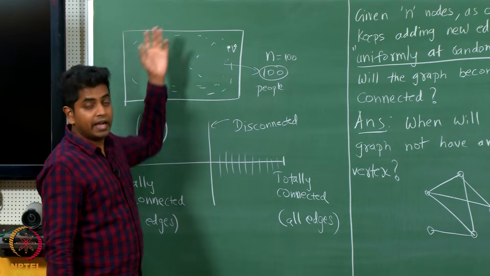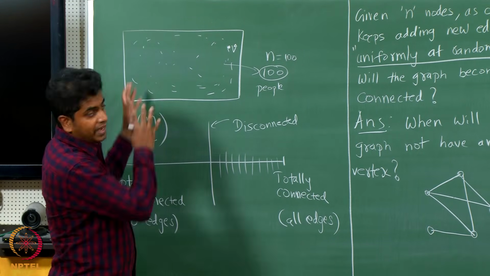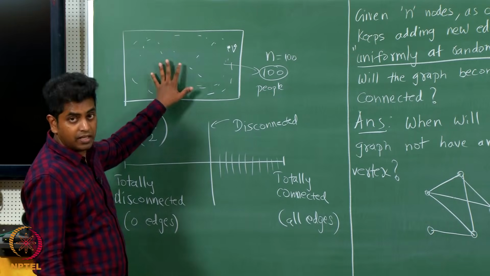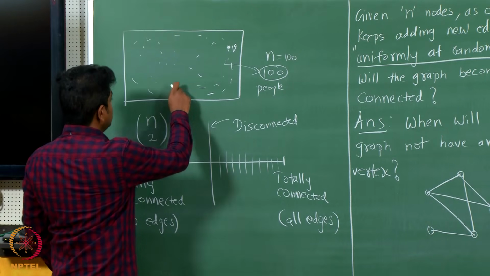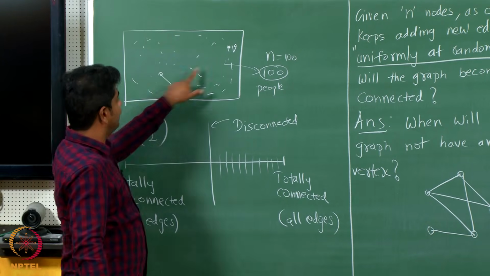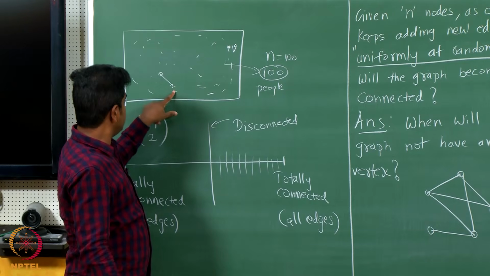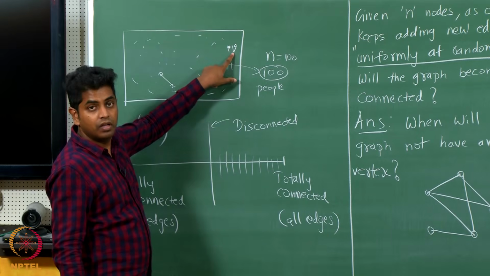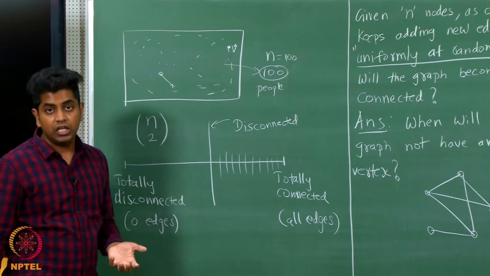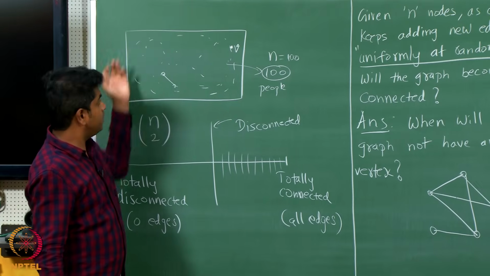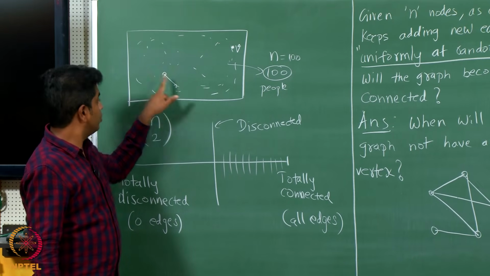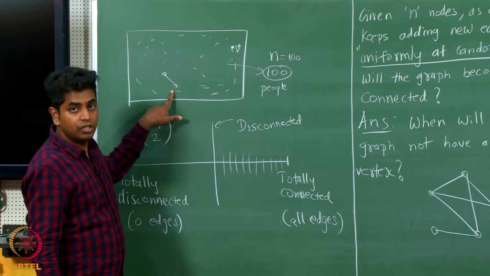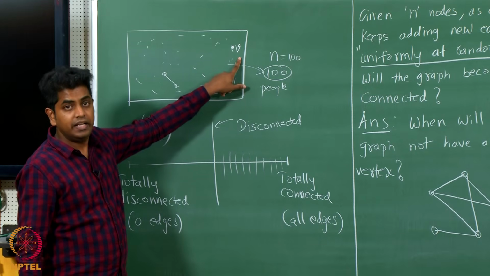In this big graph, when no edges are there and you put an edge, it is very unlikely that this edge will fall on V. It will be some alpha and beta, some two vertices, it may not be V. What is the probability that it is V? There are 100 people, V is one of them, you choose 2 people to put an edge, what is the probability that it is V?